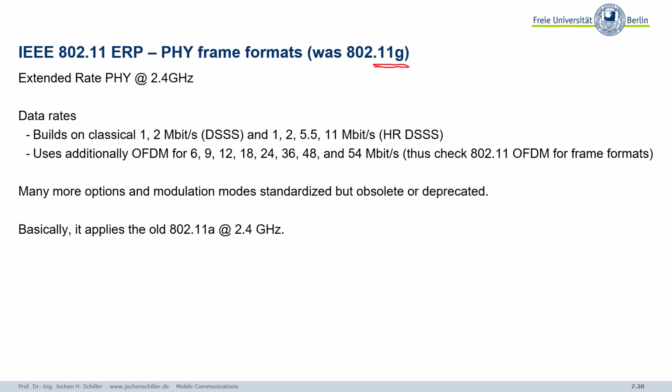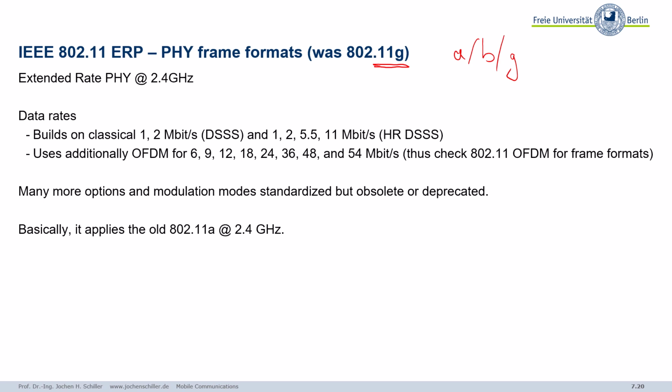Many devices at that time were called ABG devices because they supported 2.4 and 5 gigahertz, all these new standards. The data rates here support the classical lower data rates 1 and 2 and up to 11 megabit per second, the high rate.